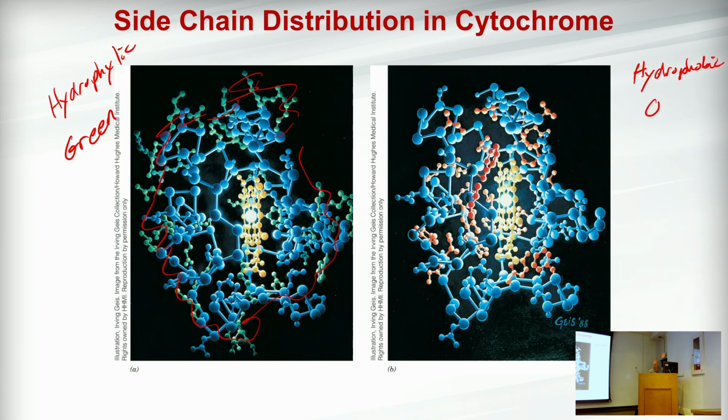Hydrophobic side chains are orange. And where are all they? They're all on the inside. I would love to just be like, it's that simple. But, I mean, arguably it kind of is. Maybe there's more to it. I think from an introductory standpoint, it's kind of that simple, all right?